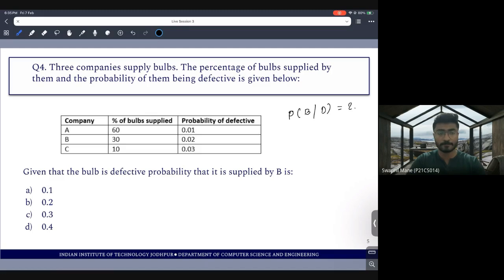You can see for each of the three companies the percentage of bulbs they have supplied, and from the supplied bulbs how many are defective, the probability of getting defective bulbs for companies A, B, C.